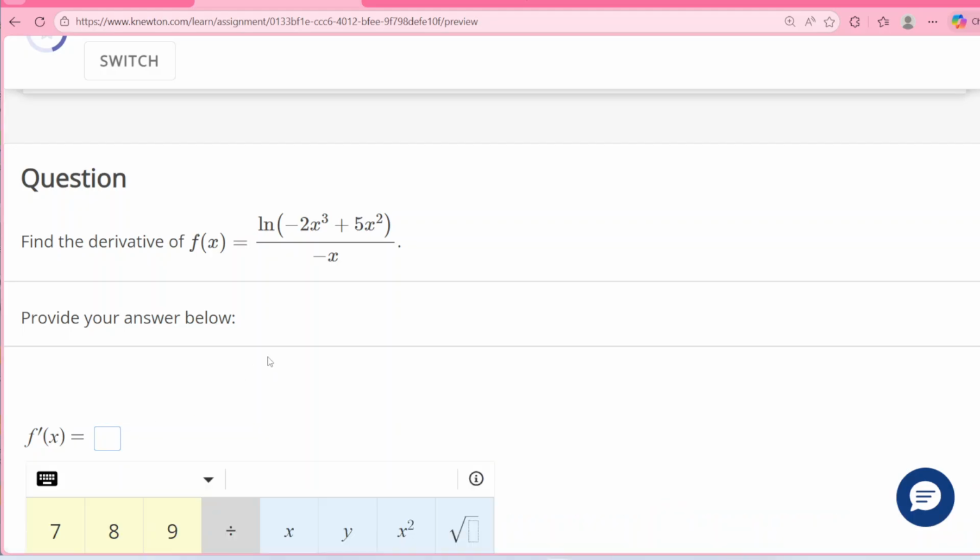So that first term as positive 6x, then -10 over, and then the -2x cubed plus 5x squared.